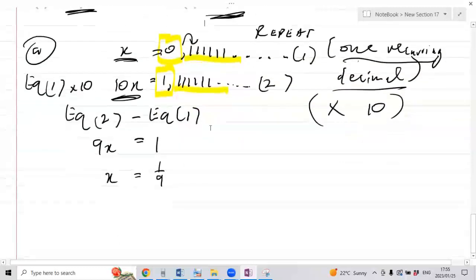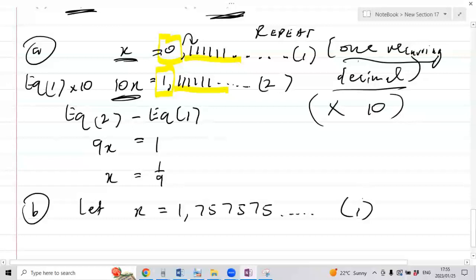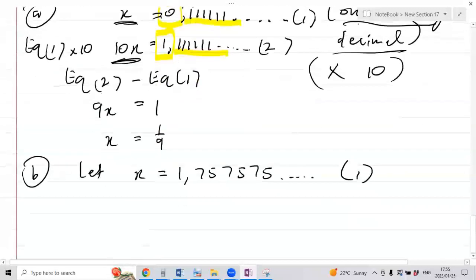So for B, we're going to let x equal 1.75775, and we're going to call it equation 1. So here we've got two recurring decimals. The 7 and the 5 are both recurring, as you can see there. So two recurring decimals with 757575.